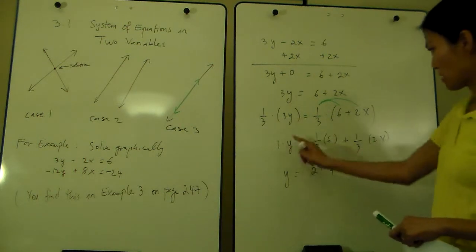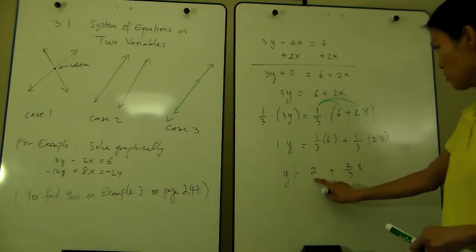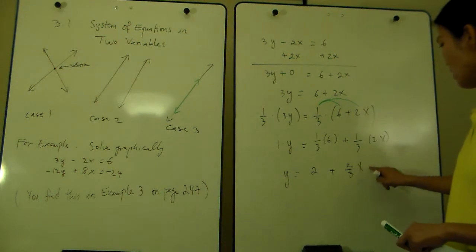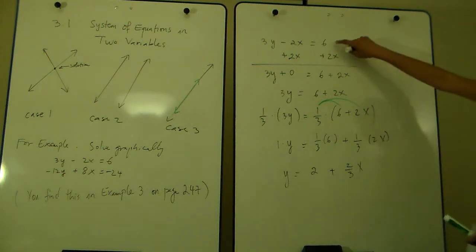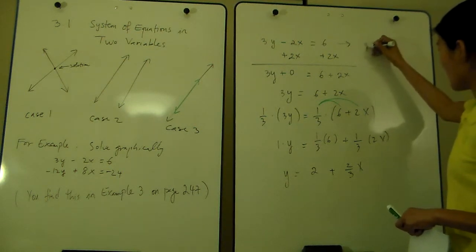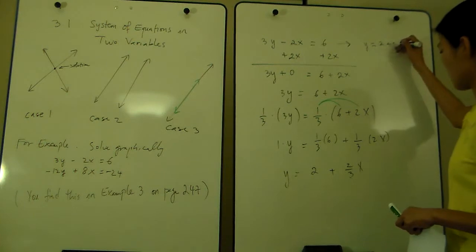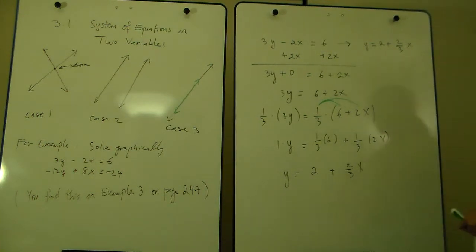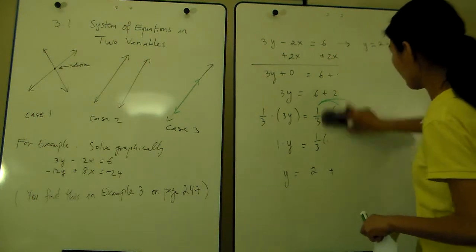Simplify, we get 1 times y is y, 6 divided by 3 is 2. 2 times 1 over 3 is 2 over 3 times x. So this first equation can be converted to y equal to 2 plus 2/3 x. Okay? So let me simplify this.